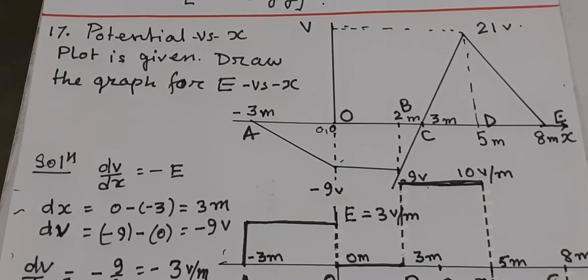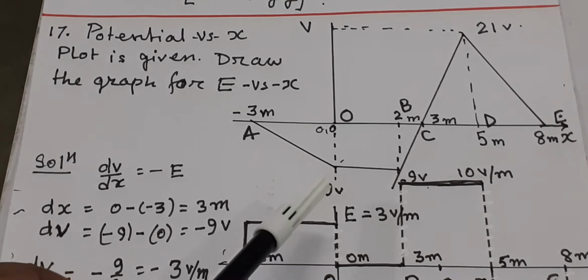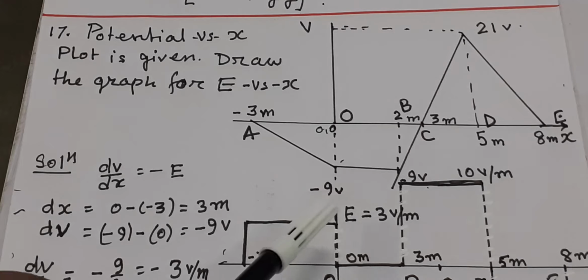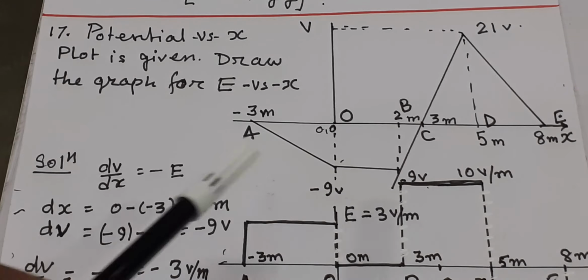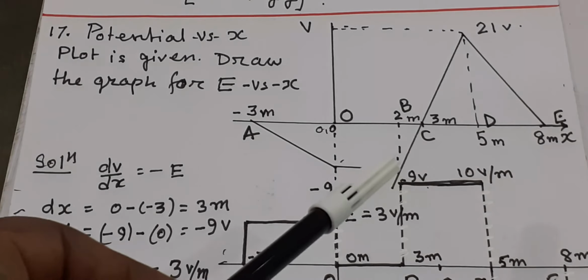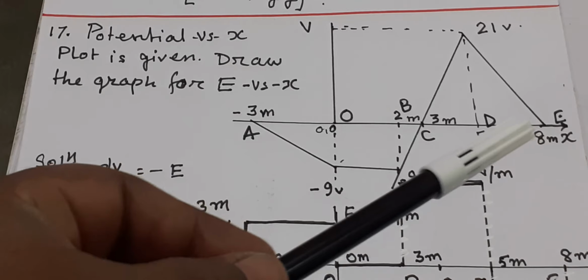Now a potential versus x plot is given. Draw a graph for E versus x. A potential plot is given here. You can see that initially the potential will be lower, 9 volt, then it will be parallel to the x-axis, and then it will rise, then come down to 0 again.